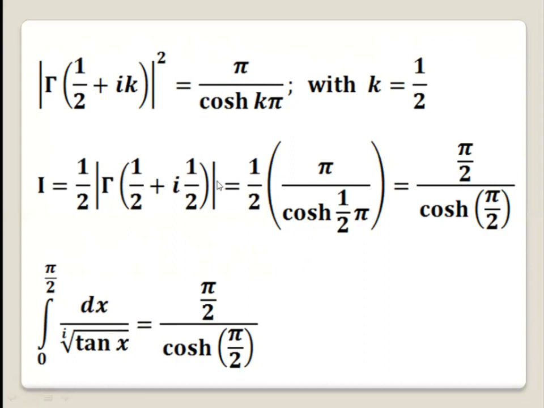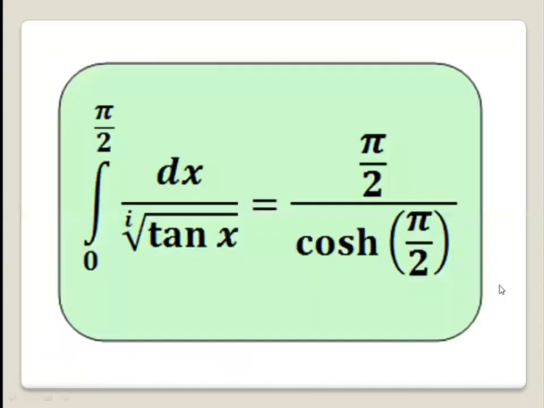And so I can be written as half multiplied by this term, which is pi over hyperbolic cosine of k pi, which is pi over hyperbolic cosine of half pi. And so I equals half times pi, which is pi over 2, over hyperbolic cosine of pi over 2.